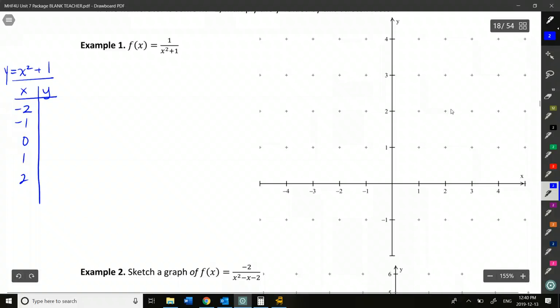So -2 squared plus 1 is 5. 2 squared plus 1 is also 5. -1 squared plus 1 is 2. Same thing with 1. And 0 squared plus 1 is 1. Okay, so here's our function.